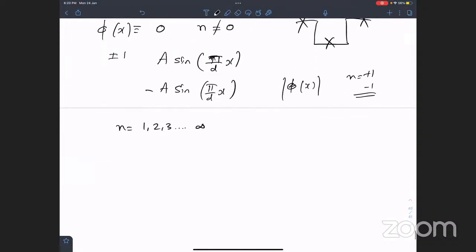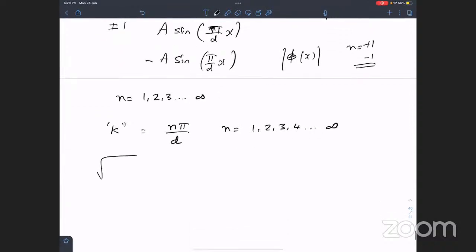Great. So we know that this k times d can only take the values n pi, where n is 1, 2, 3, 4, and so on. But what is k? k is nothing but root of 2mE by h bar squared.